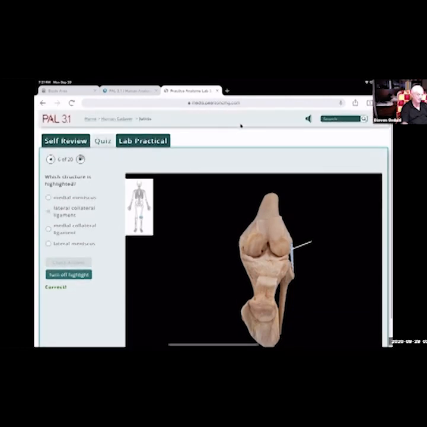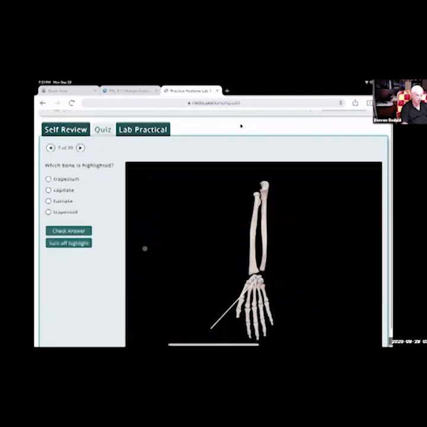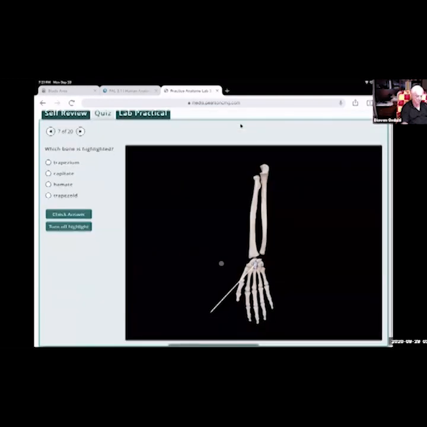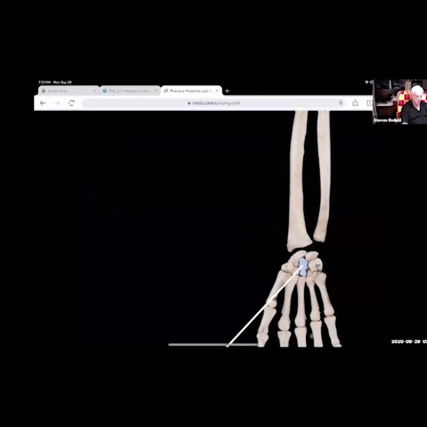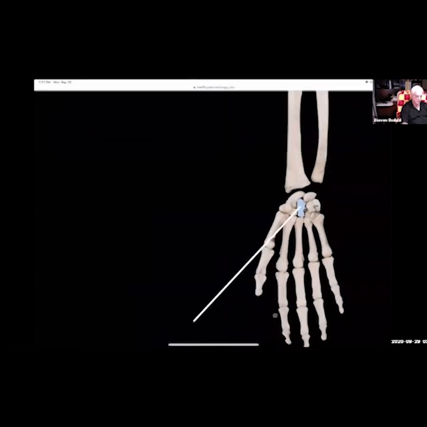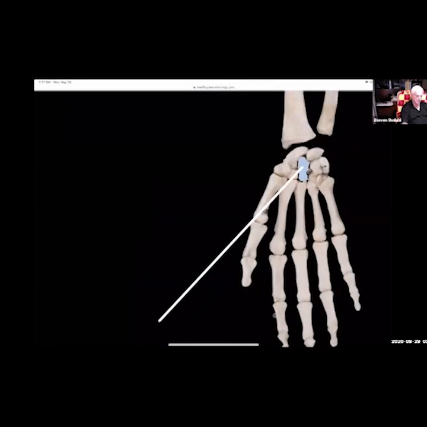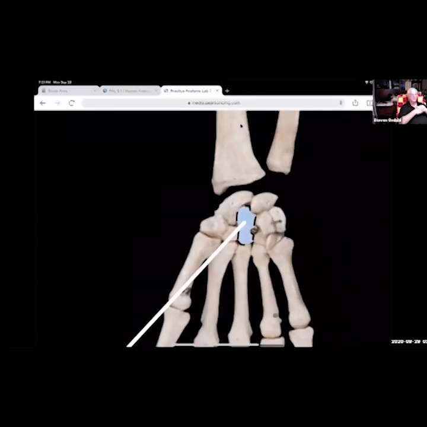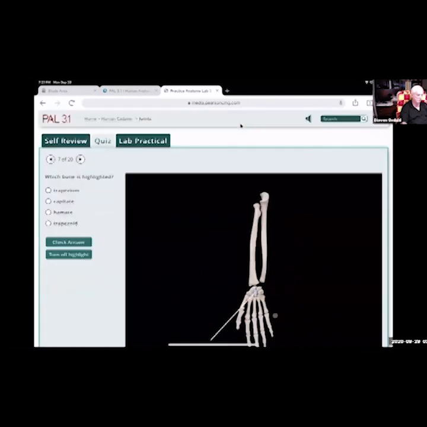Perfect. Which bone is highlighted in the hand? It's this one right there, right in the middle. Let me show you your answers again. Trapezium, capitate, hamate, or trapezoid?